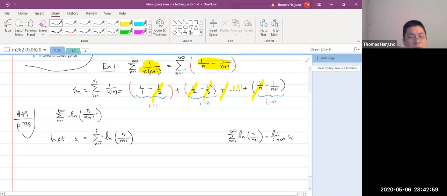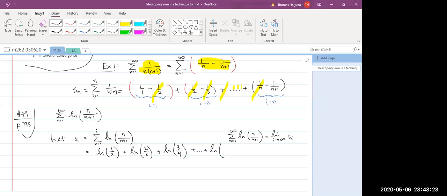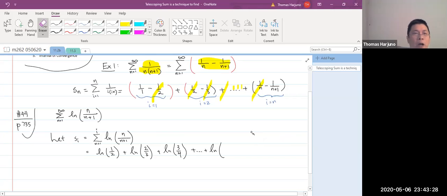Now the ith partial sum will be the first term, ln of 1 over 2, plus natural log of 2 over 3, plus natural log of 3 over 4, all the way to natural log of i over i plus 1.